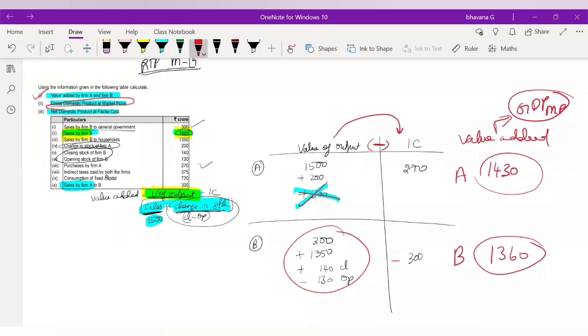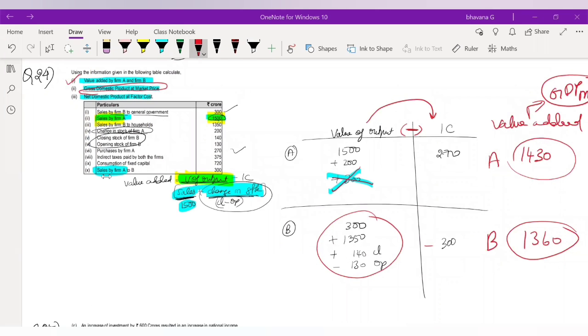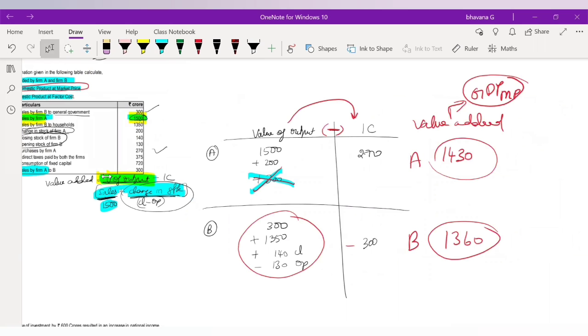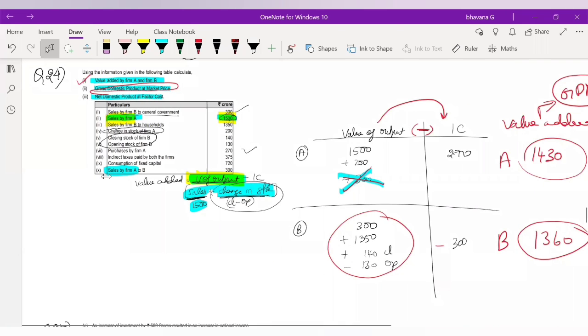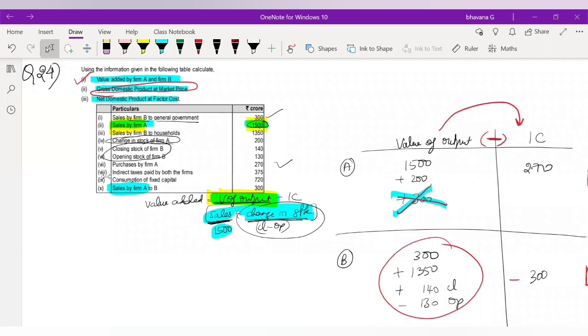Okay, yes, and the GDP MP also we have found out. Guys, can you just check? Value added gives the answer of GDP MP only, right? I have a confusion here. Can you just confirm with me? Value added method gives you GDP MP directly, right? Or does it give you GDP FC? It gives you GDP MP only, right? I don't know why suddenly I have that confusion now. Can someone just confirm?